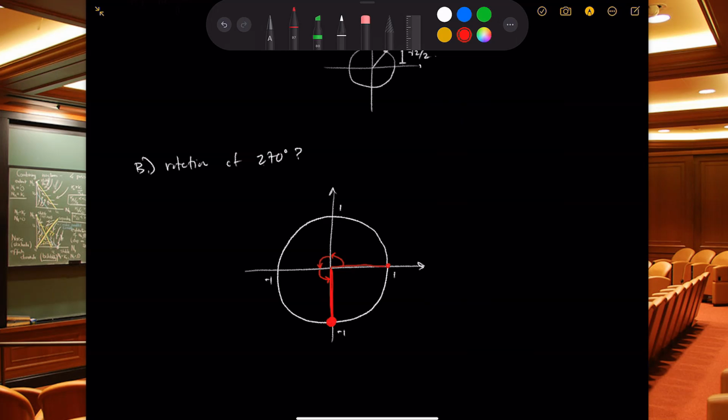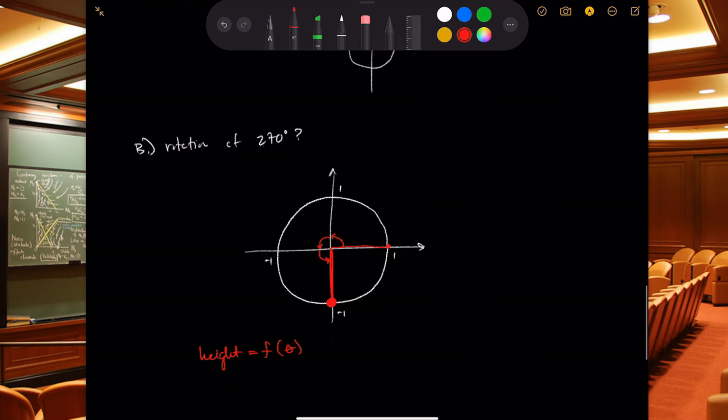So what's my height? Well, again, we know that the height is a function of the angle theta, or y equals a function of the angle theta, which is sine of theta. And based on what I just said, let's go around just a little bit of intuition here.